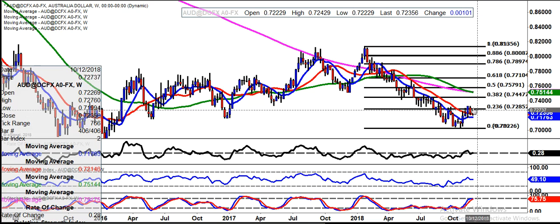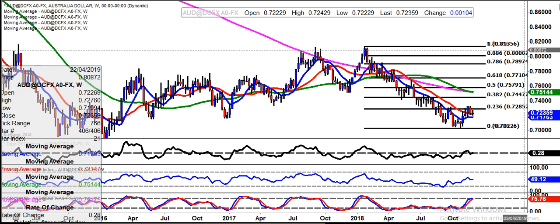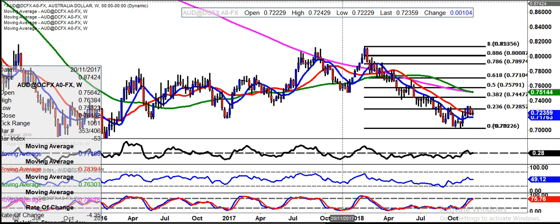We've got this little pattern here, a bit overbought on the weeklies, but the Aussie is the Aussie. It is quite a strong currency, and it is a commodity currency, so it does love a bit of gold. So let's go back to the daily.